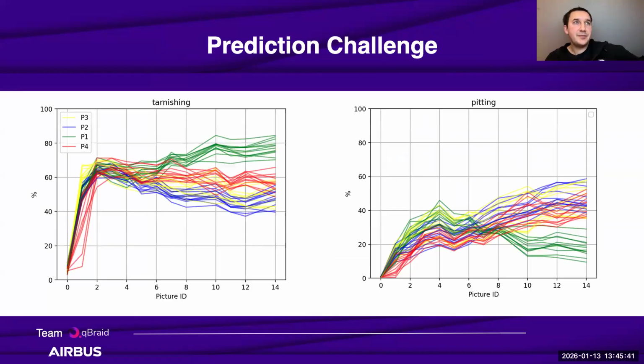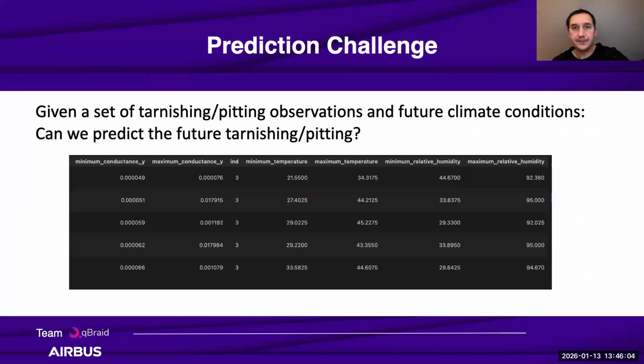And this is what the time series looks like. The middle region, tarnishing, is on the left there, and on the right, you can see pitting. We are going to look at pitting because it is more difficult to predict. It's a bit more non-deterministic depending on the box you're looking at.